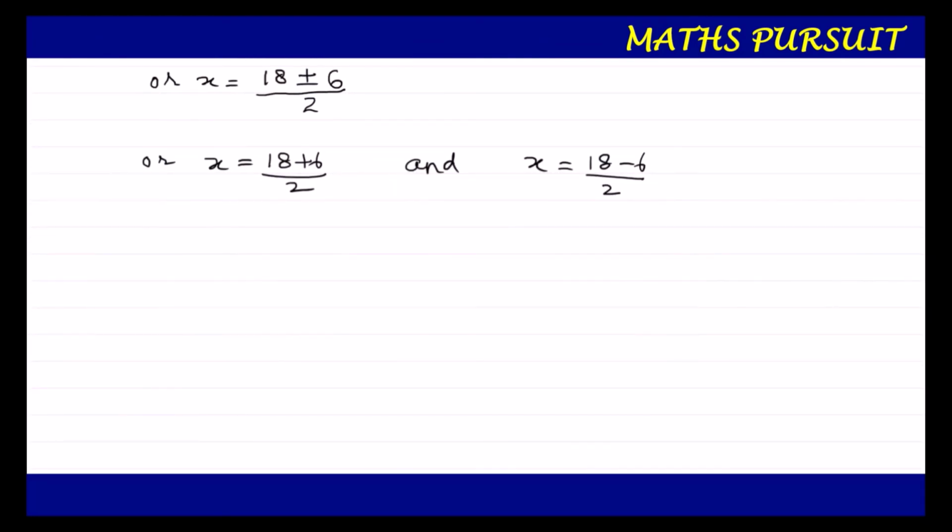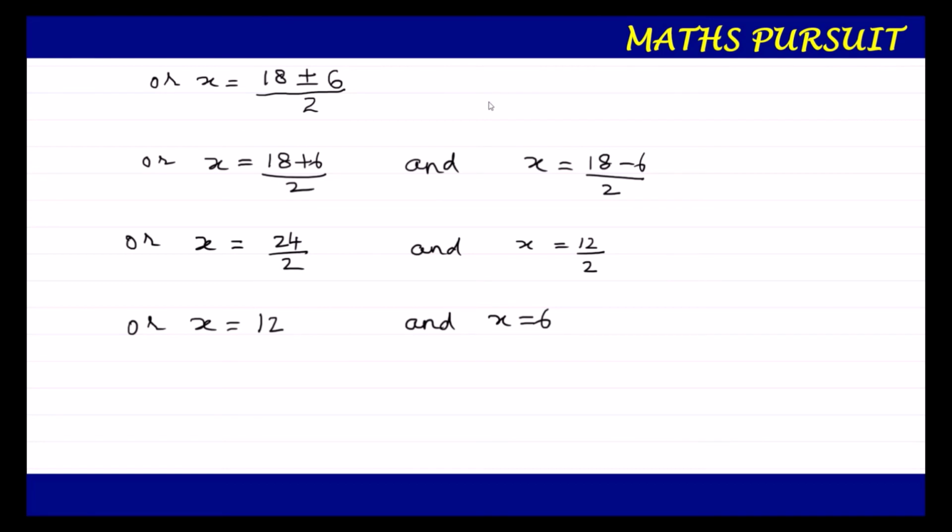So we got two values for x. x = 18 + 6, that is 24 upon 2, and x = 18 - 6, that is 12 upon 2. So 2 12s are 24, x = 12, and here x = 6. So we got two values of x: one is 12 and the other one is 6.